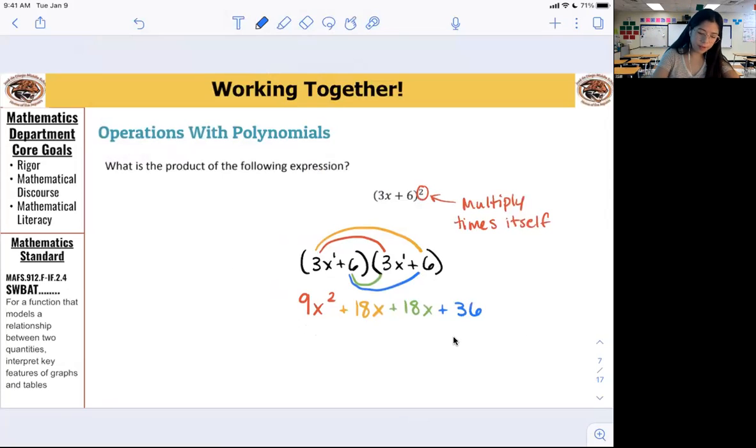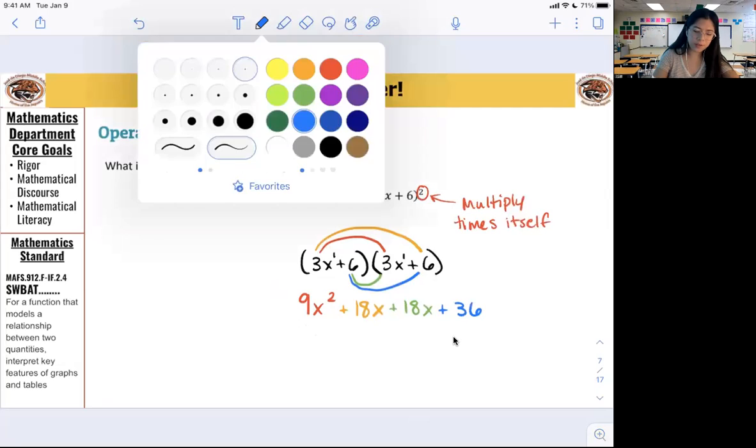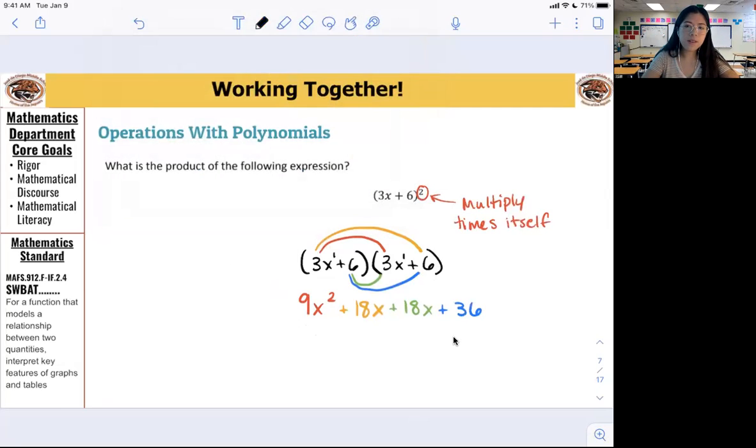Good, Karina. I have like terms. How many like terms do I have? 2. Just 2, just these guys right here. If you forgot about this exponent in the beginning, you might have accidentally combined all 3. But this 9x squared is not a like term, only the 18x's are.